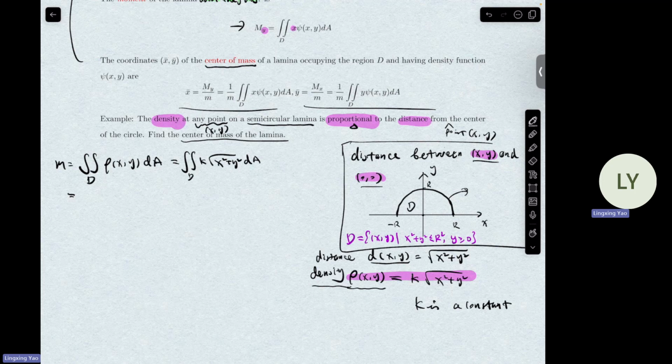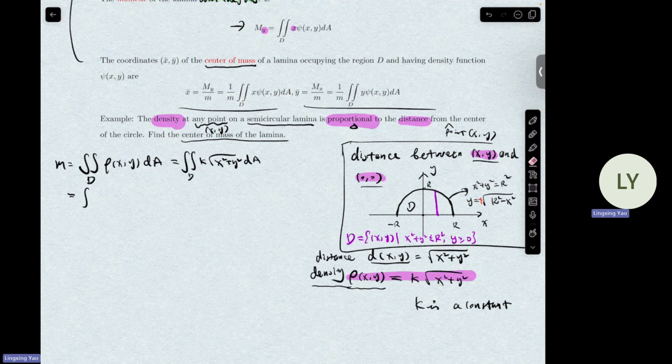Because this circle is x squared plus y squared equals big R squared, we can solve for y: it's the square root of R squared minus x squared, and we take the positive branch because we're only looking at the upper half of this circle. So now we can treat this as a type 1 region so that we integrate along this vertical stripe.